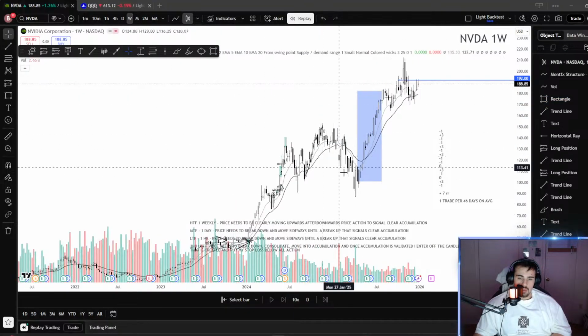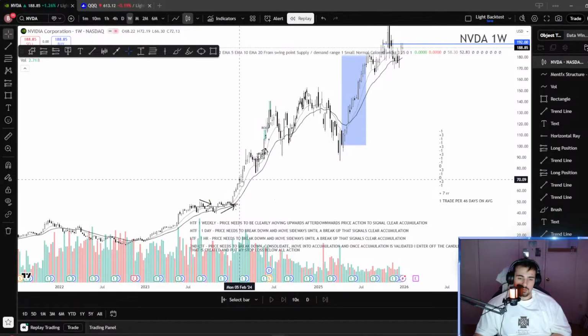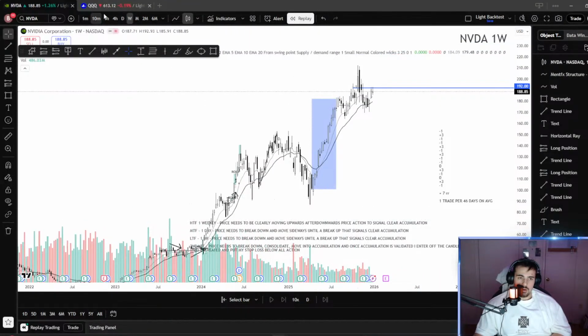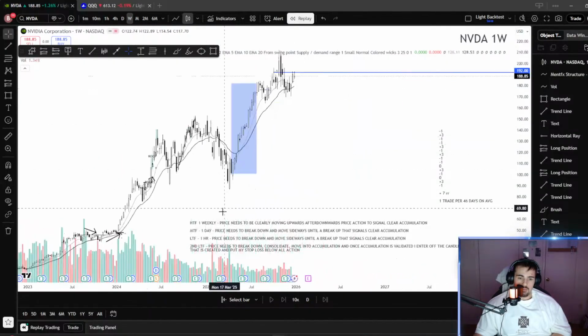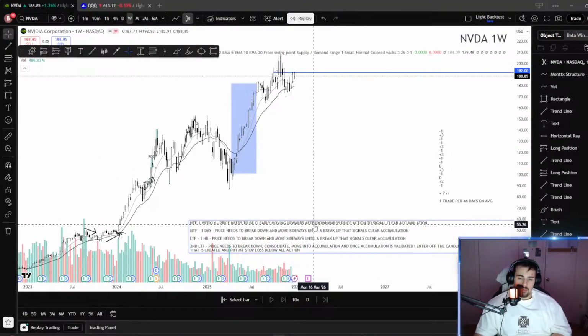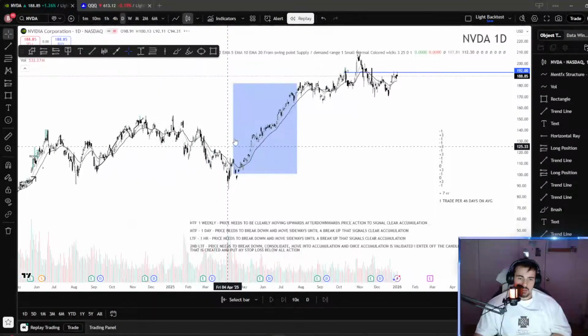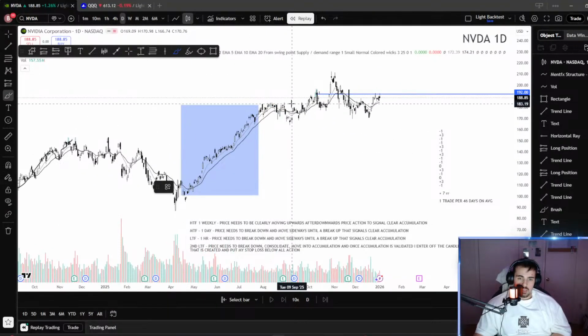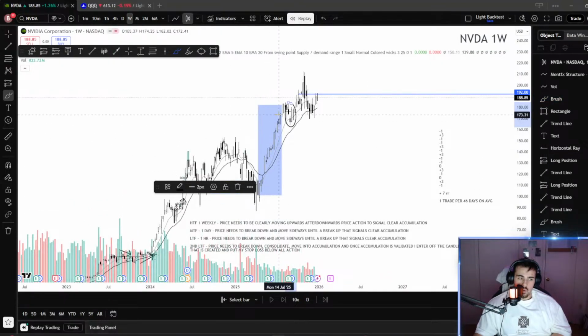And arguably, the cleanest part of the move, besides down here. This was the cleanest part of the move, and I have no trades here because my rules said I need price to clearly move upwards after downwards on the weekly, which moves downwards and is clearly moving upwards here. But on my daily, I couldn't trade it until price breaks down, and price didn't break down until right here. So I missed this whole clean move.